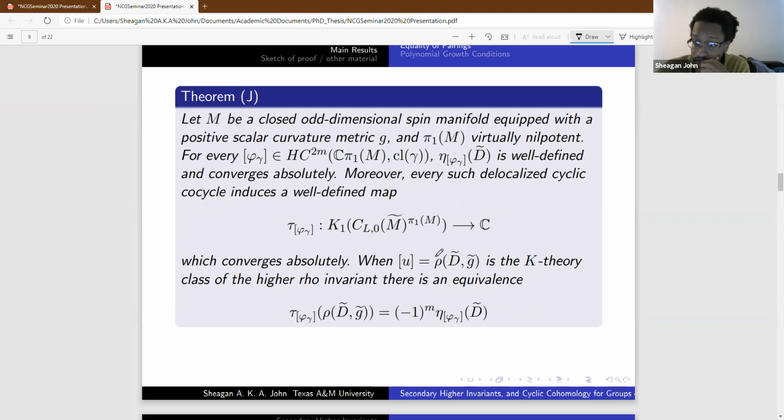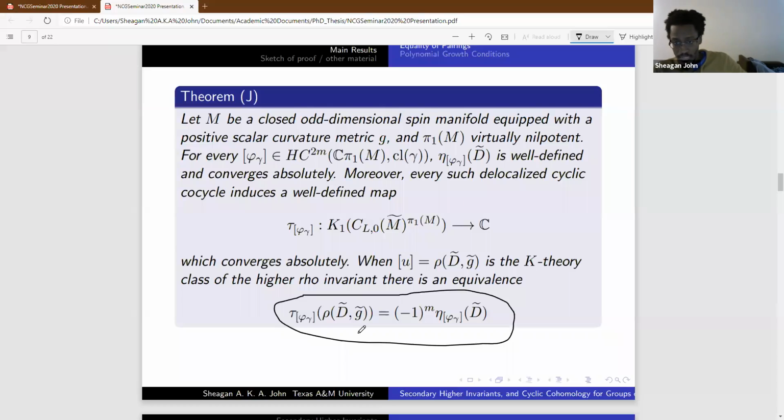Moreover, we have this equivalence of the two pairings, so we can express one in terms of the other.